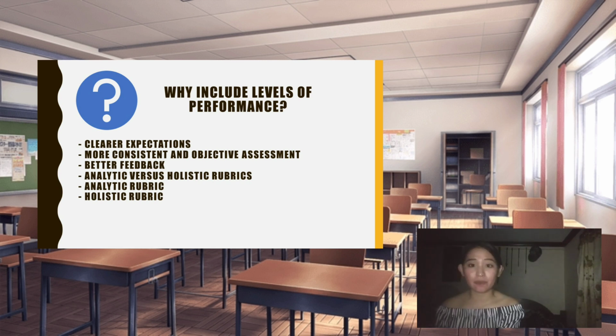A holistic rubric does not list separate levels of performance for each criterion. Instead, a holistic rubric assigns levels of performance by assessing performance across multiple criteria as a whole. So that's all. Thank you.